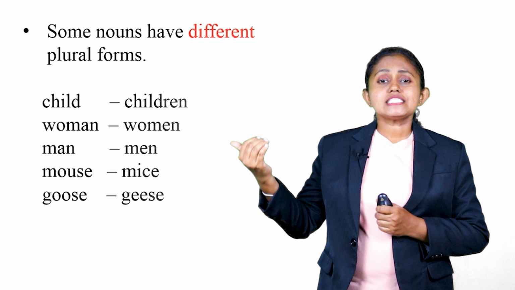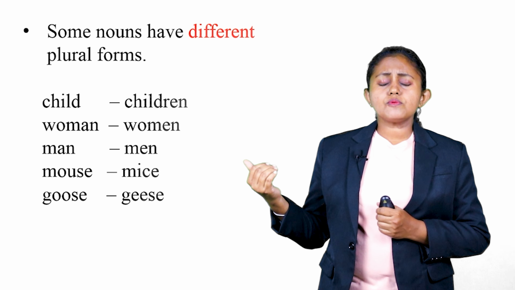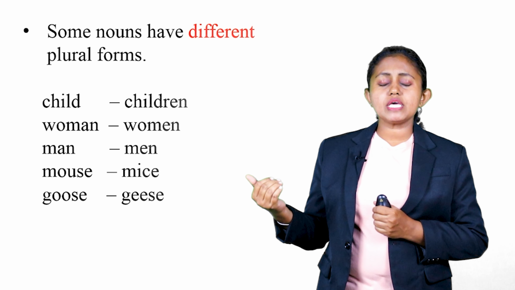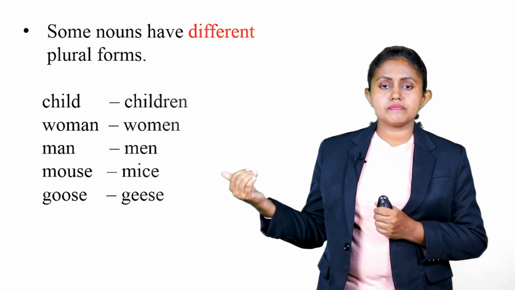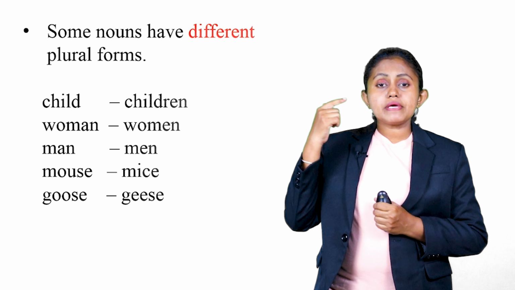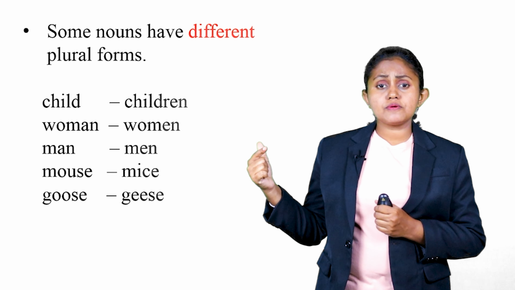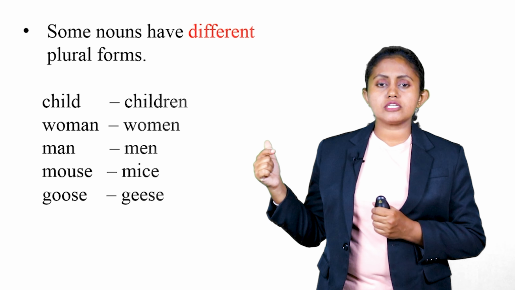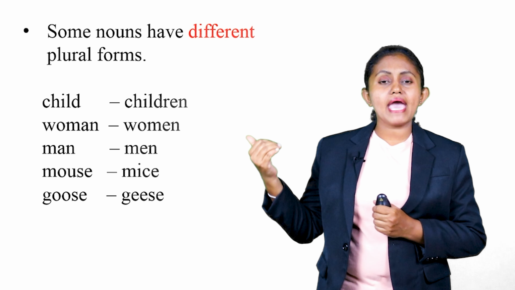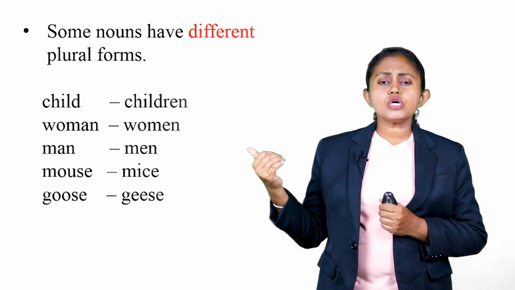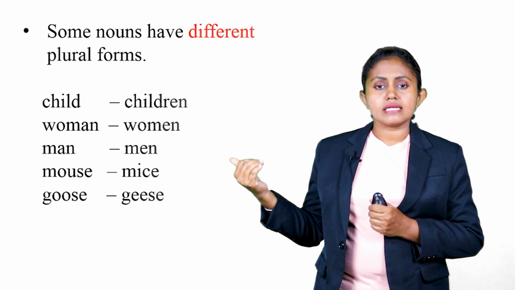Next example is woman. The singular noun is woman and we can make the plural of the noun woman as women. Keep in mind, you have to pronounce this noun as women, not woman. Right? Third example is man. The plural of the noun man is men.